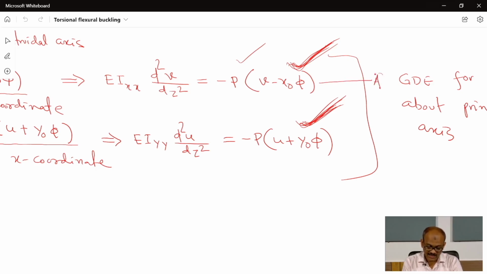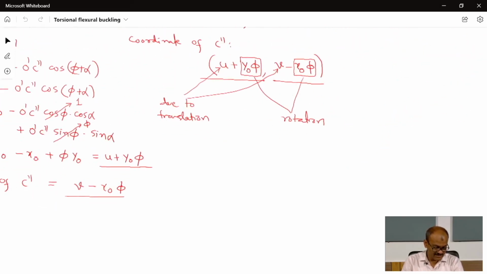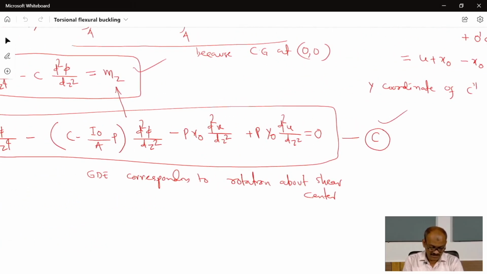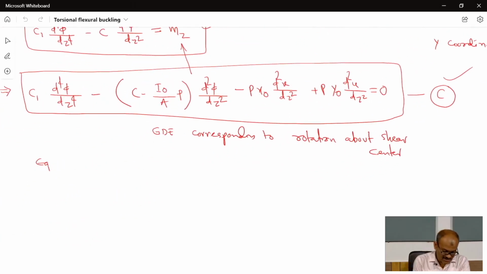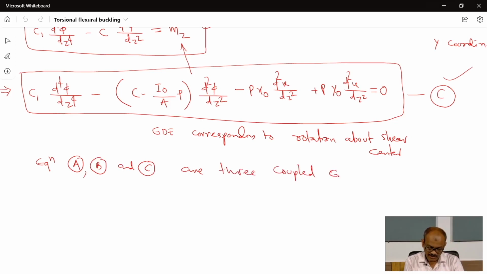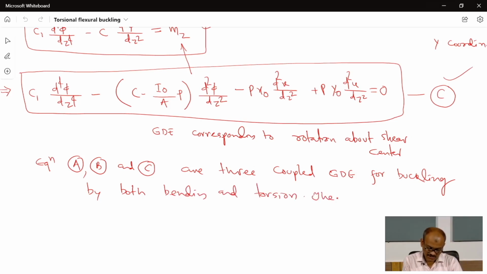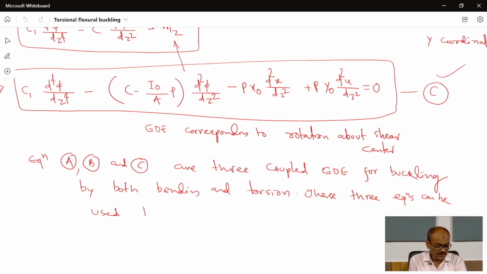If this is equation A and this is B, and this is the final expression we got, this is C. These A, B and C are three coupled governing differential equations for buckling by both bending and torsion. These three equations can be used to determine the critical load. Thank you.